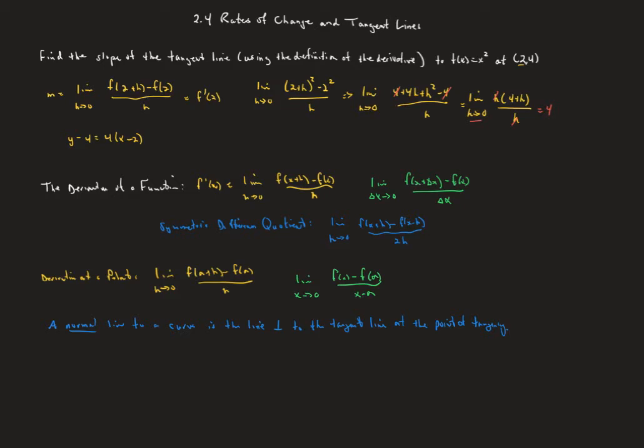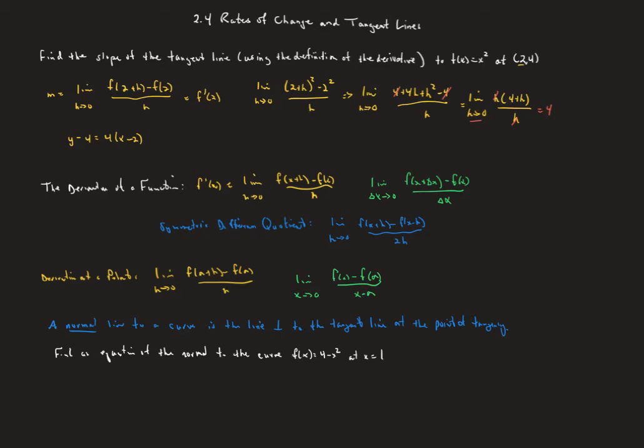So for example, let's find an equation of the normal to the curve f of x equals 4 minus x squared at x equals 1.